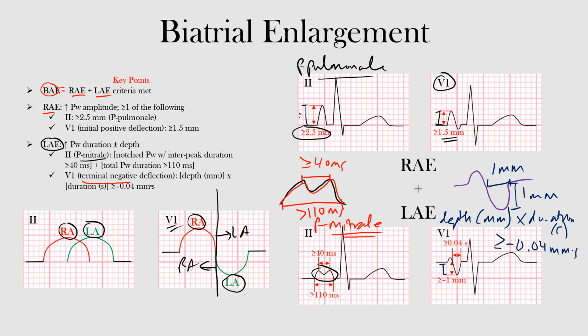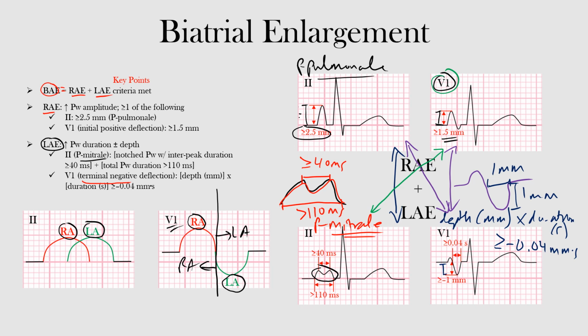In other words, we can have this P pulmonale with P mitrale, or we can have this P pulmonale with these changes seen in the terminal portion of V1 for left atrial enlargement, or we can have the P wave changes seen here in V1, the initial portion, as well as in the terminal portion, or we can have it where we see the initial changes in V1 for right atrial enlargement, and then the changes of P mitrale in lead 2. So a bunch of combinations. You just need one of each met to meet the criteria for biatrial enlargement.